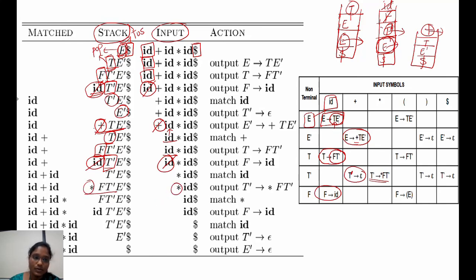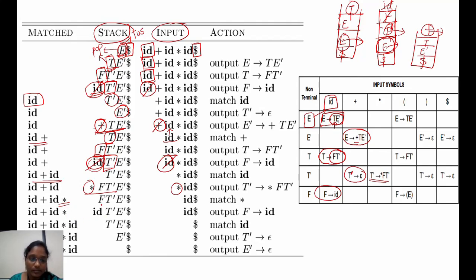Okay, so as you can see here on this side, as we keep on matching the symbols, the matched symbols are written over here. Here plus is matched, so it is written. Then ID is matched, so it is also written here. And now star is matched, so we write this symbol here.